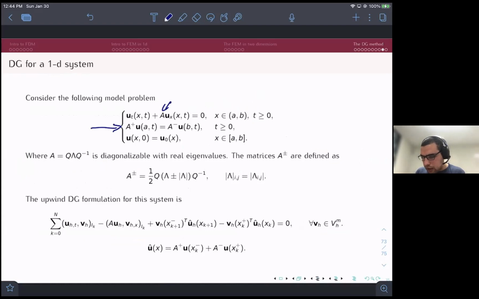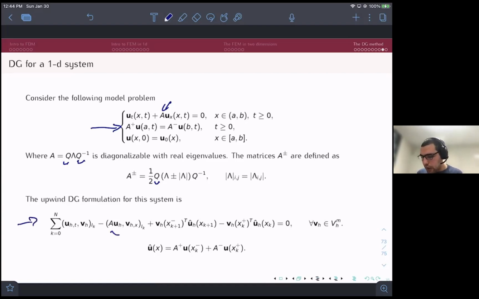If you take the eigendecomposition of A, then A plus or minus is one half of Q times (lambda plus or minus the absolute value of lambda) times Q inverse. Basically, A plus has only the positive eigenvalues and A minus has only the negative eigenvalues. That's all it is. You can do the same thing with the DG formulation.